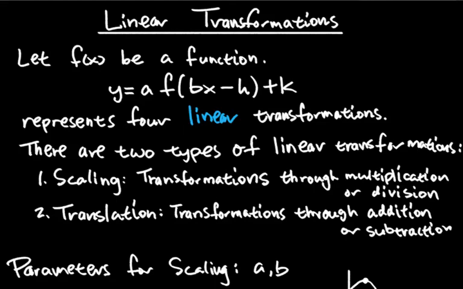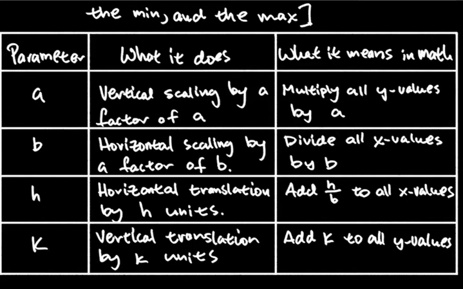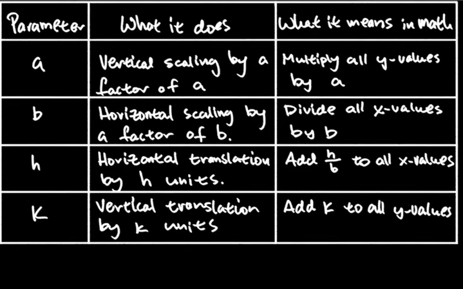B is going to apply to the x values, same type of thing, scaling by a factor of A. Actually, I'll just write the graphing form down here. What's going to happen then is all the y values for A get multiplied by A, and for B, all the x values get divided by B.